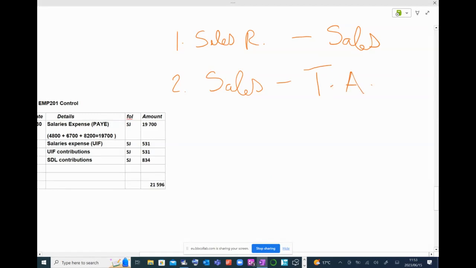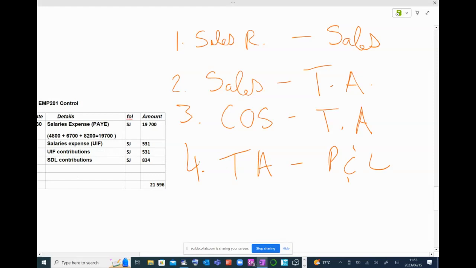That temporary account, our first temporary account, isn't it? Then step number 3. To the trading account. Then step number 4. Profit and loss.